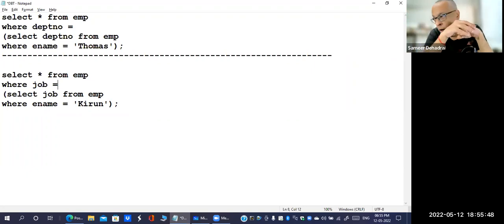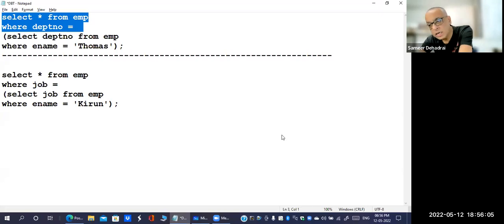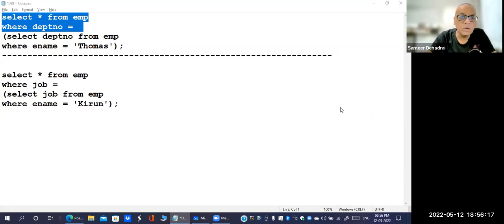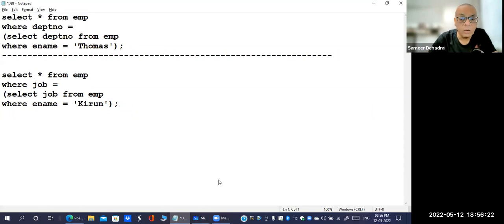Look here now. Up till now, whichever examples we have seen, whatever 3-4 examples I have taken, I was using subquery with select statement. But you can use subquery with insert, update, delete also.